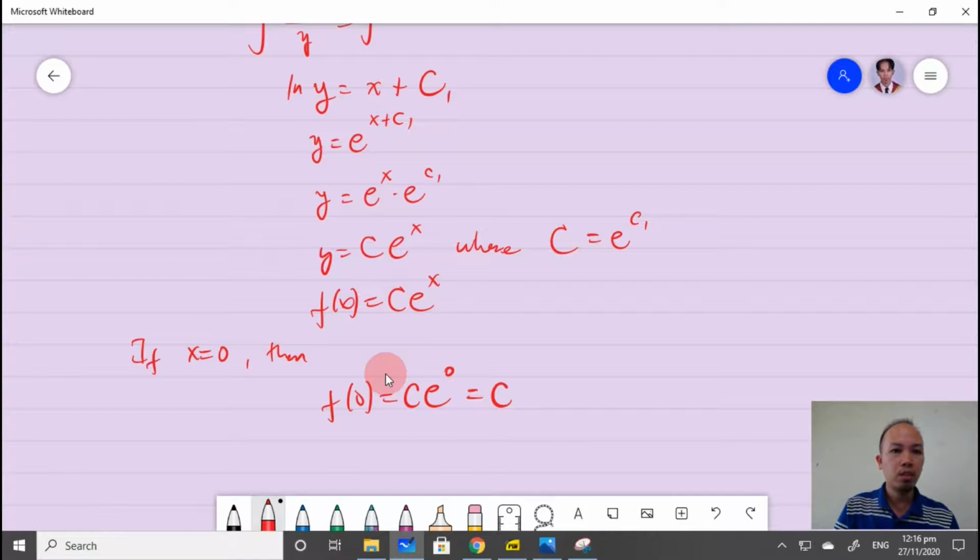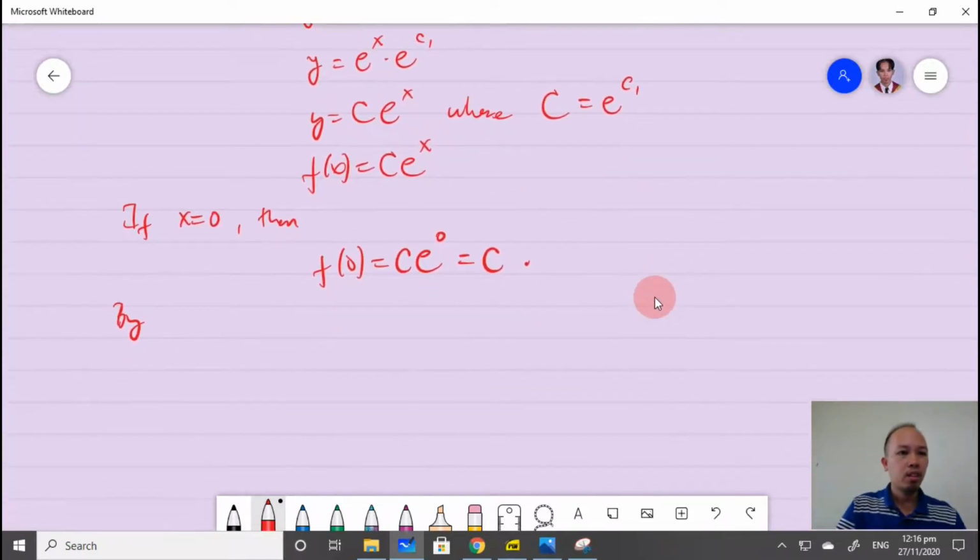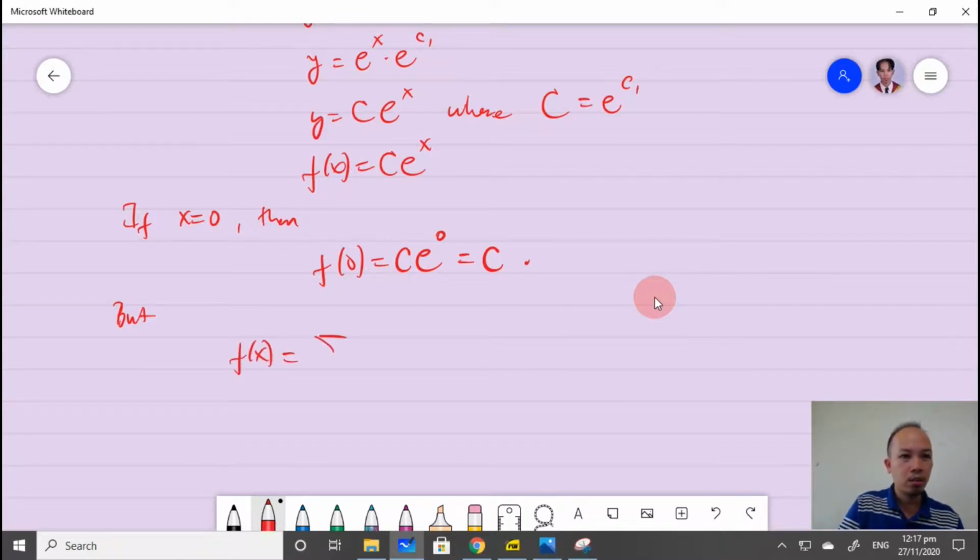Anyway, let's recall our f of x. Our f of x is this one, summation of x to the n over n factorial, n starts from 0 to positive infinity.